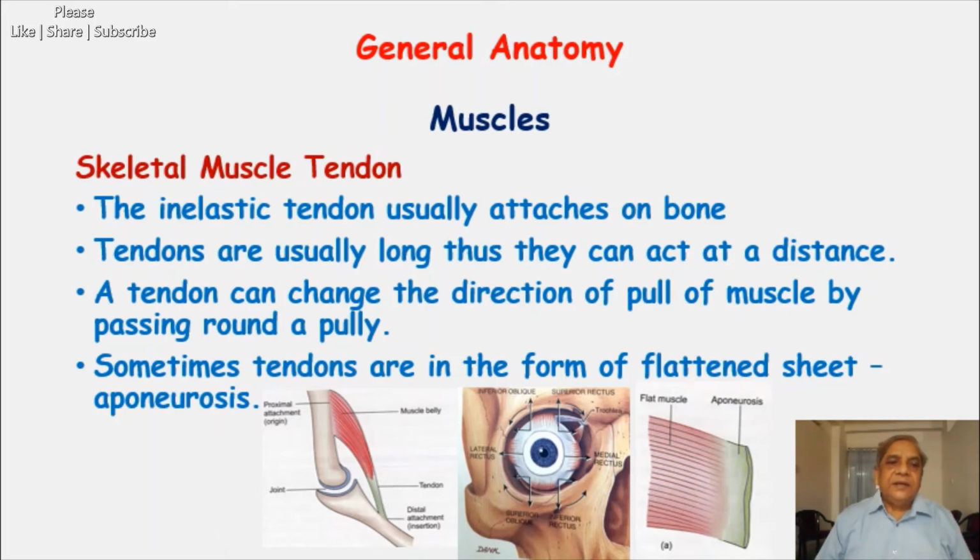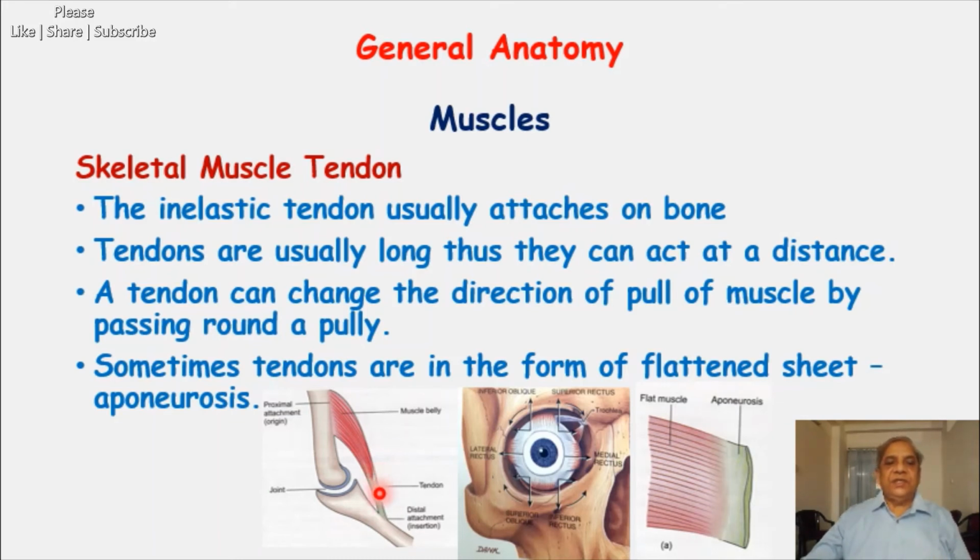And this inelastic tendon is attached at its distal end to the bone, and at its proximal end it was at the myotendinous junction. Tendons are usually long. In this first diagram the tendon is very small, but tendons are also long.